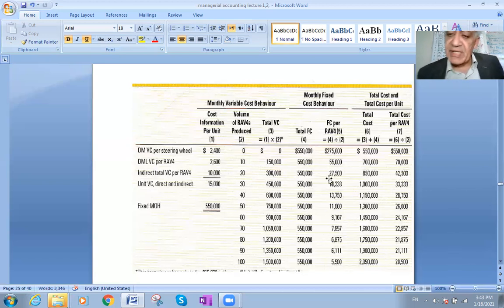So what I want to say here is that the share of each product of the total cost will decrease as the volume of production increases.